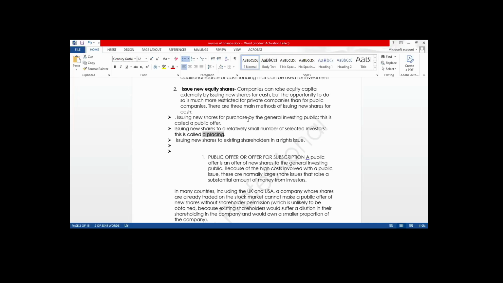Private placing. This is the issue of new shares to a relatively small number of selected investors. Usually, we call them institutional investors.